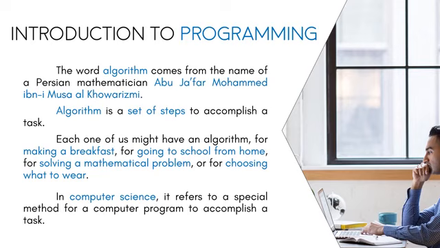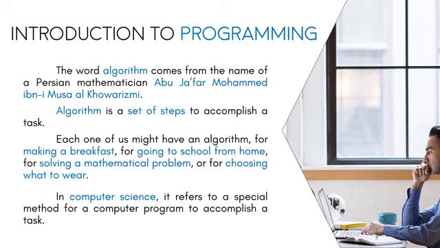A standard textbook definition would be: an algorithm is a well-defined step-by-step solution or a series of instructions to solve a problem. An algorithm can be the method to find the least common multiple of two numbers, or the recipe to cook lumpiang Shanghai.